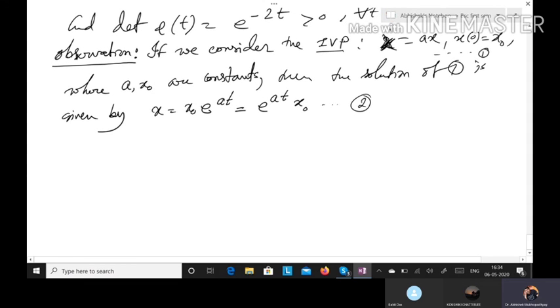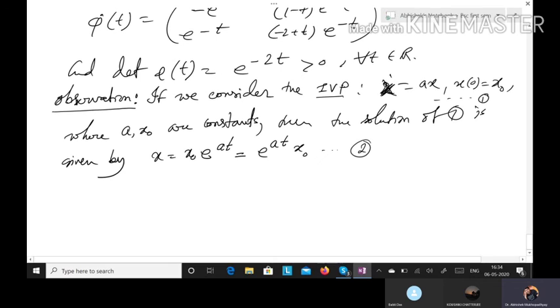Now keeping in mind this, in a general IVP we will see that this problem has a solution e to the power at x naught, where this is the exponential function.